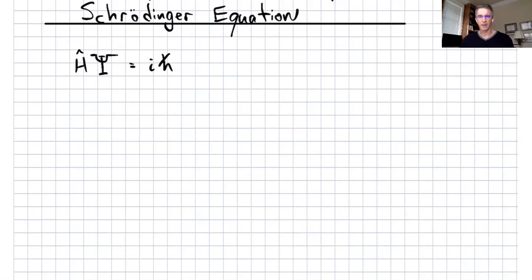H bar, again, being Planck's constant divided by 2 pi, times the partial derivative of that wave function for the system we're interested in with respect to time.